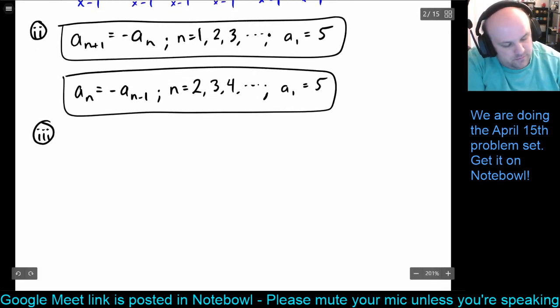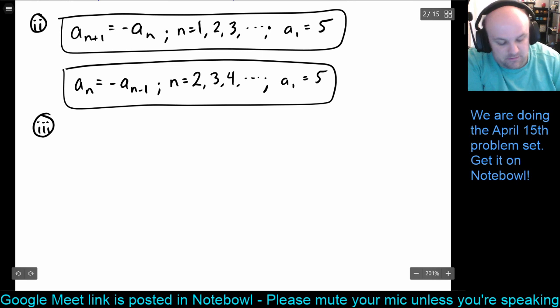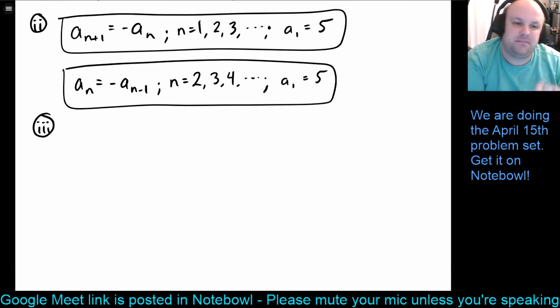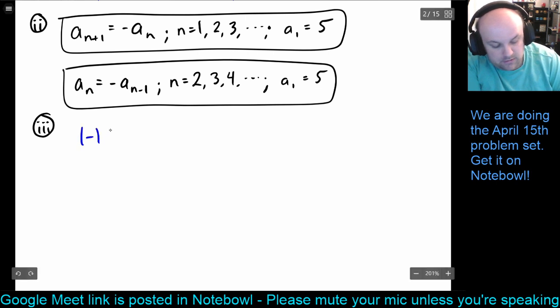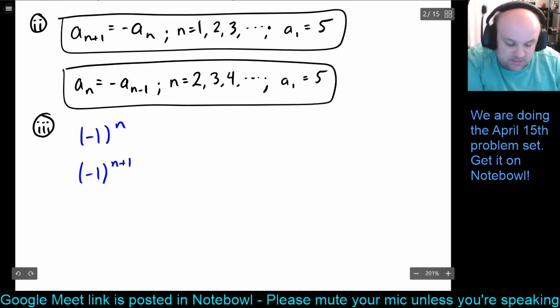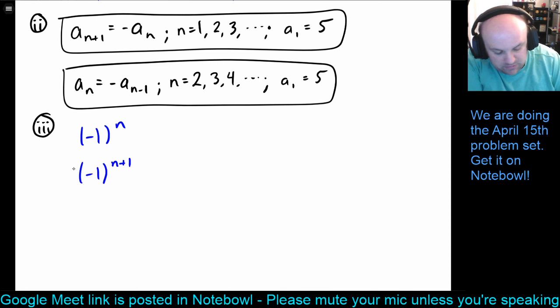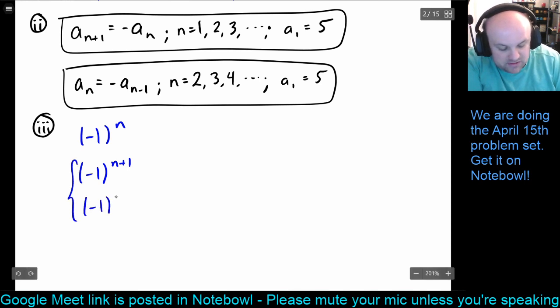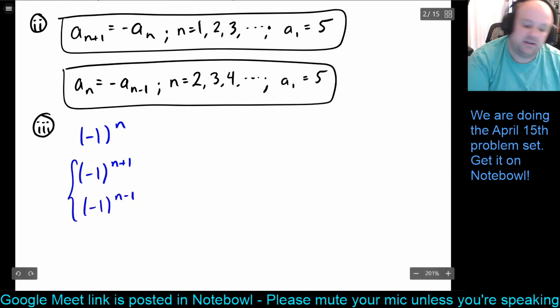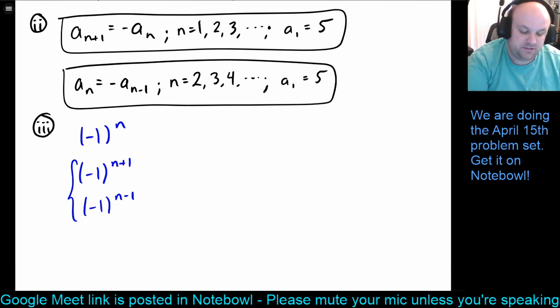A little tip here: when you have something that's going to alternate sign back and forth, you're going to use this one or this one. Either one is fine. These both sort of do the same thing, whether it's plus 1 or minus 1. Usually you just pick the one that works better for you.